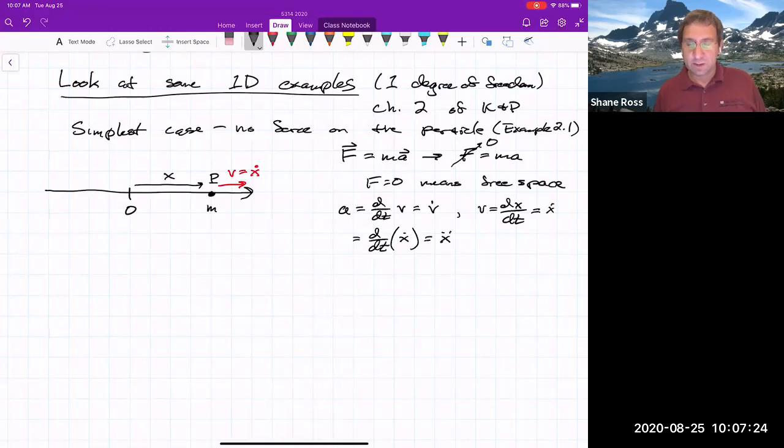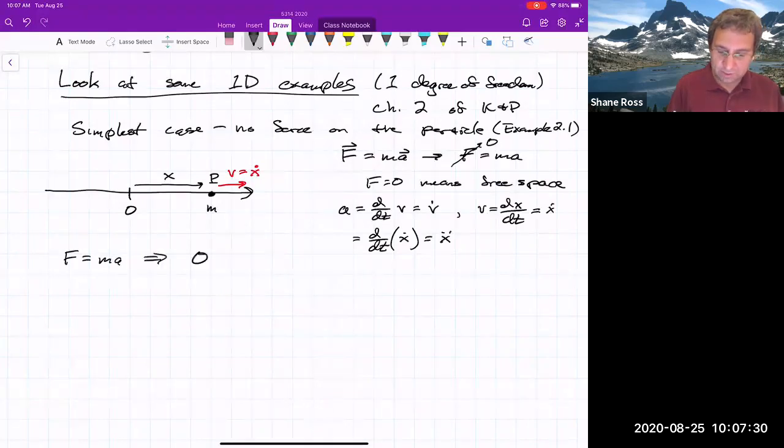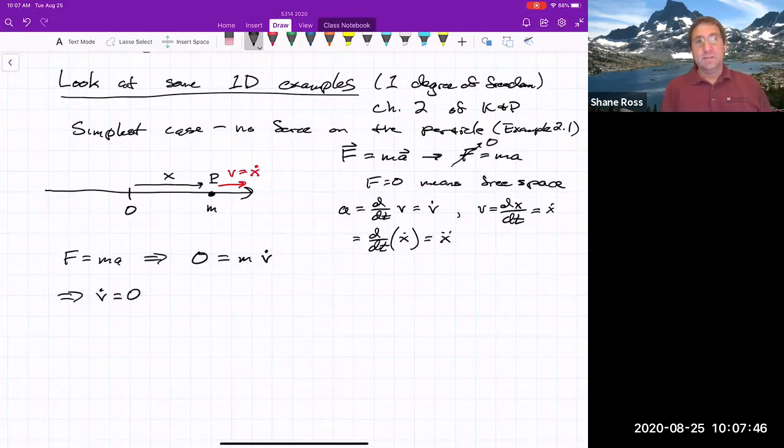Maybe we'll just think of it in terms of A equals V dot. So F equals MA becomes 0 equals M V dot. And that implies, here's this little arrow for implies, that V dot equals 0. So dV by dt equals 0. That means the velocity is not changing. So V, although it kind of should be changing with time, it is not. It is a constant. So that means it equals what it was at some initial time.